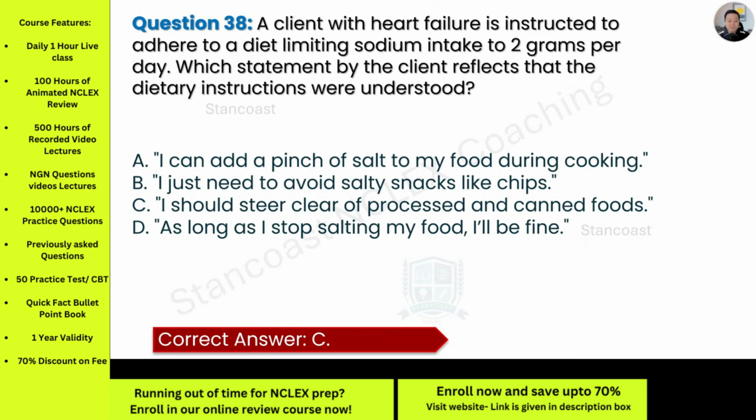Now, for you to answer this test question, you have to focus on the key term 2-gram sodium diet. This strict dietary limit requires the patient to avoid both visible sources of sodium like table salt and hidden sources such as processed foods.